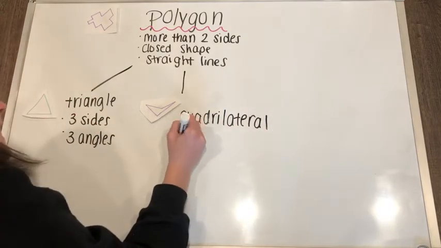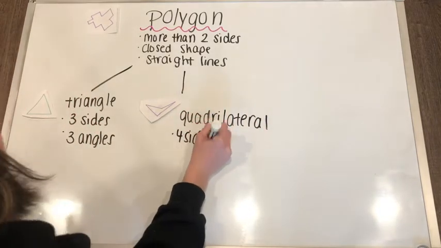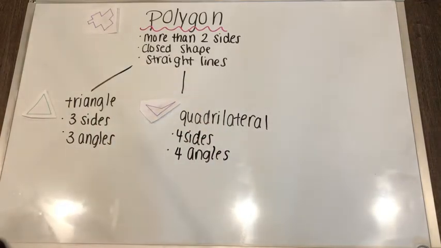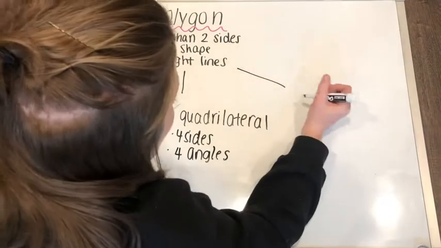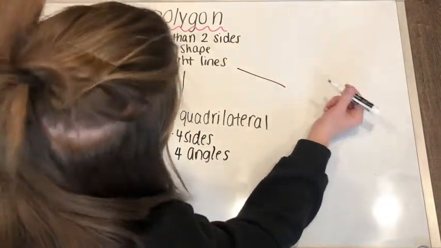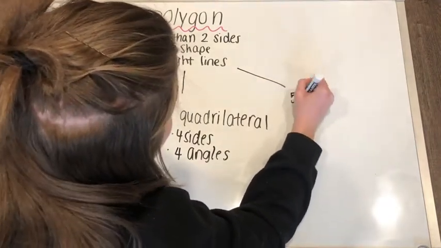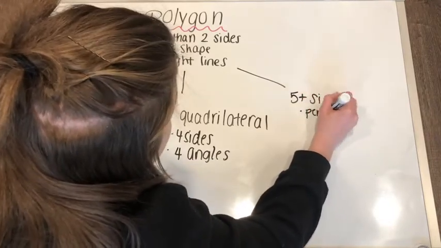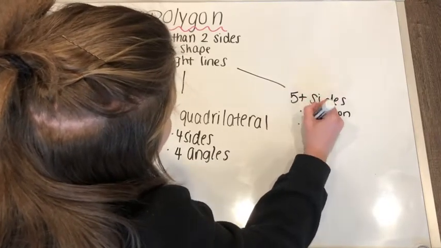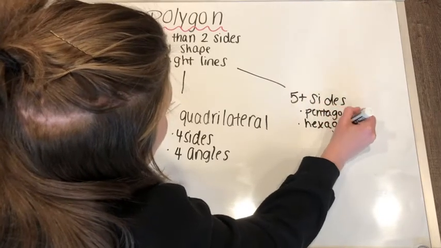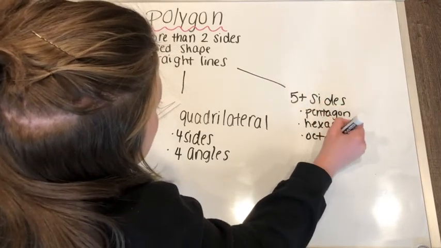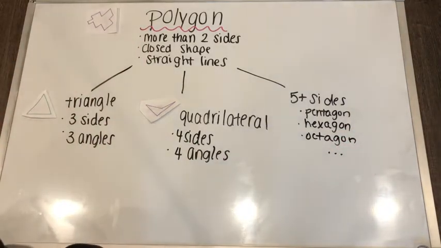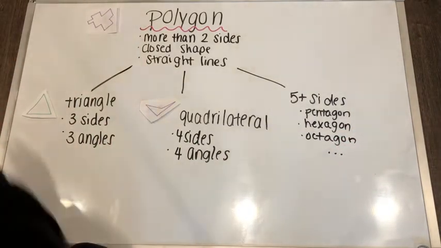Four sides and 4 angles. Then we've got our shapes that have more than 4 sides, so our 5 plus sides. That would be our pentagon, hexagon, octagon, etc. But what we're really going to focus on today is our quadrilateral.